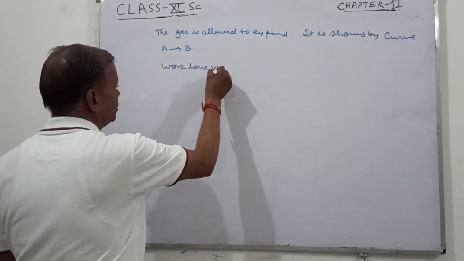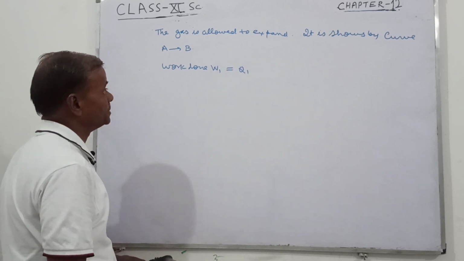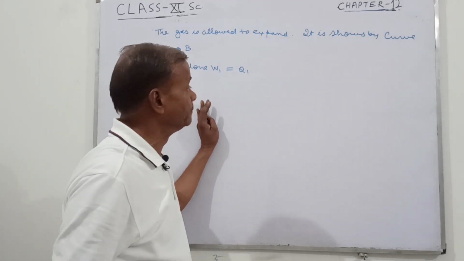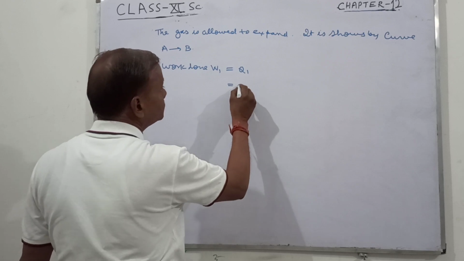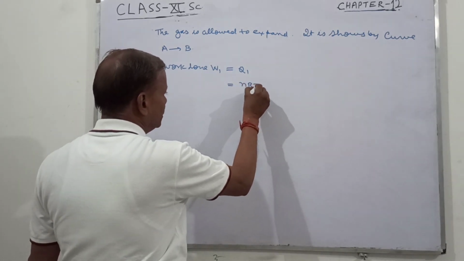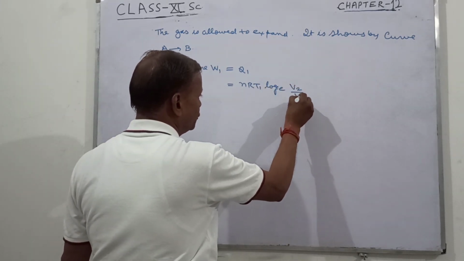Suppose this is W1, which is equal to the amount of heat absorbed. Since this is isothermal, whatever heat is taken will be equal to the work done. So this is nRT1 log e V2 upon V1.